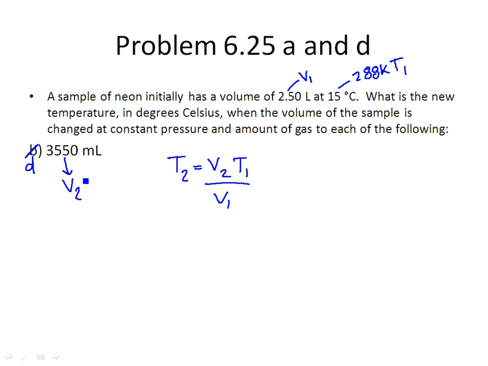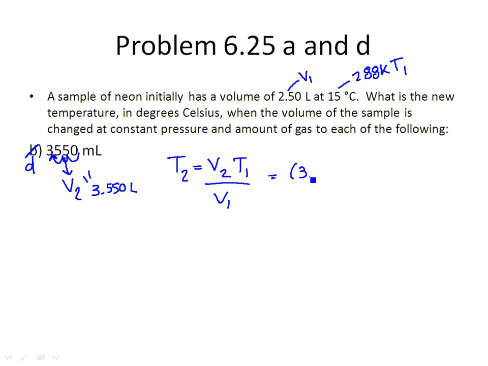So we move our decimal place back 3, dividing by 1,000. This gives us 3.550 liters, and this is our V2.